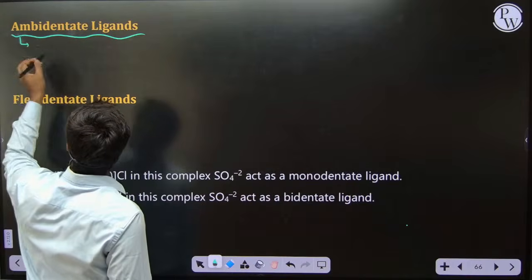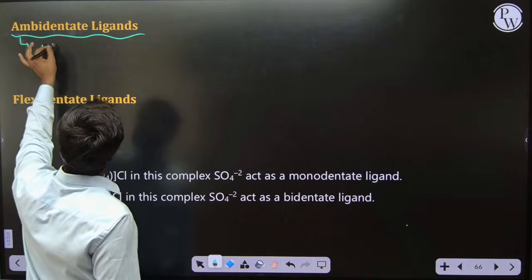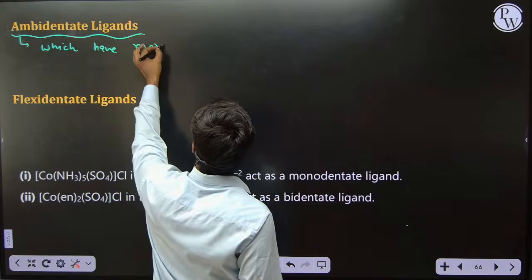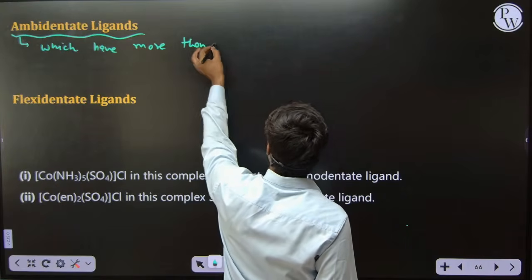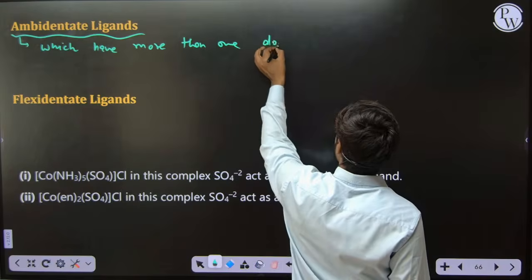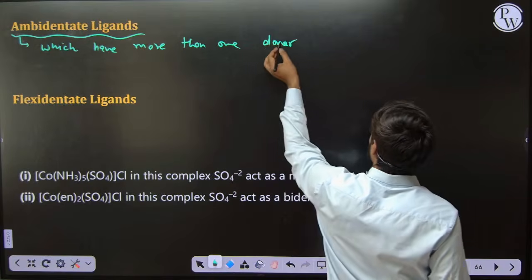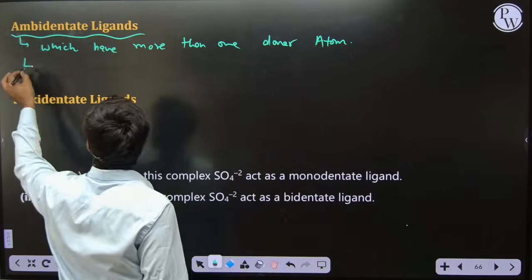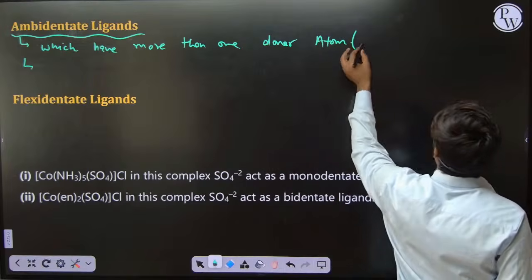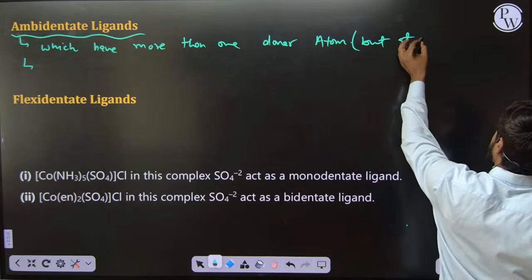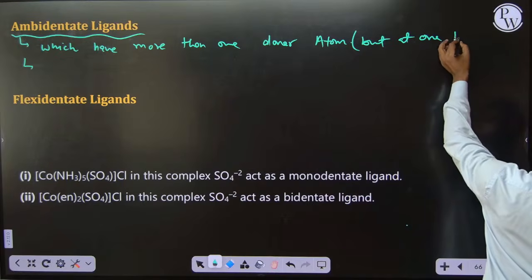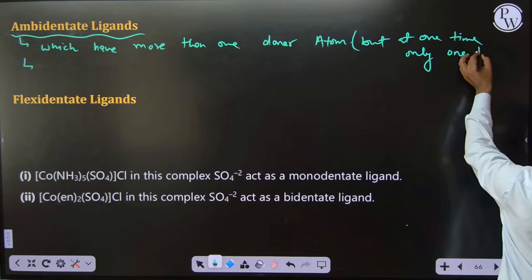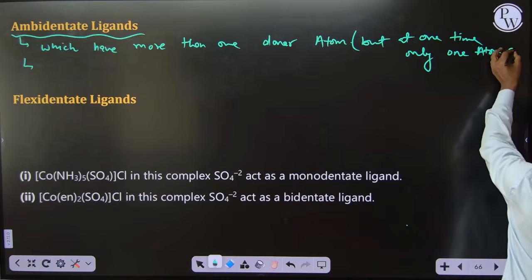Ambidentate ligands are those ligands which have more than one donor atom, but at one time only one atom can donate.